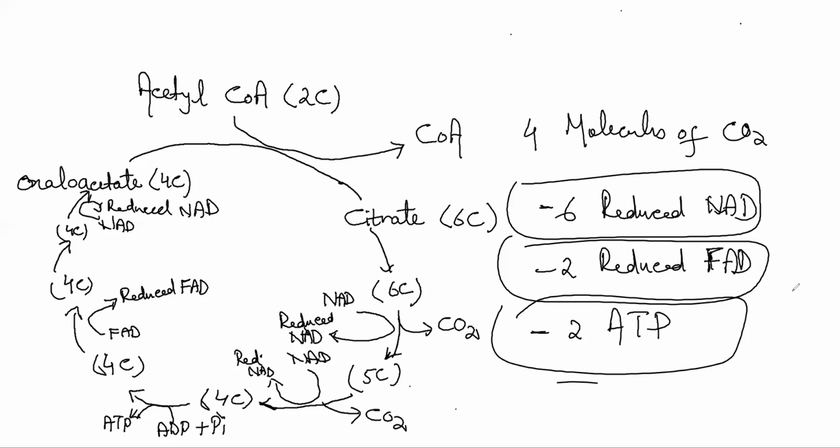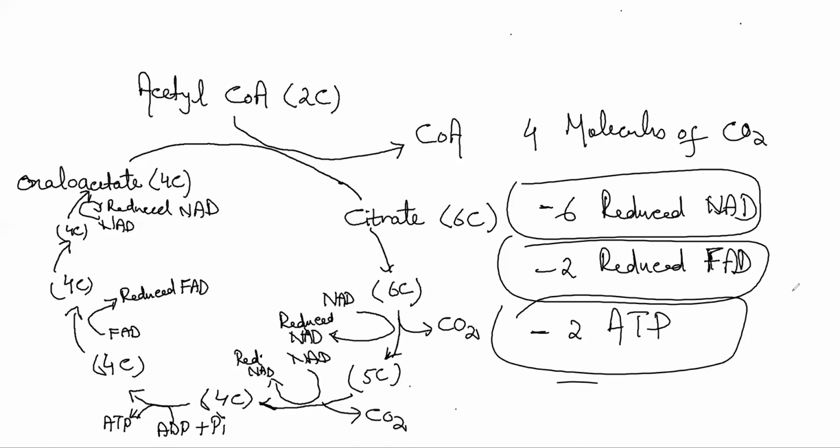I will just review the Krebs cycle once again. You can see here acetyl coenzyme A from the link reaction ultimately enters the Krebs cycle, which is the third stage of respiration. This Krebs cycle also takes place in the matrix of the mitochondria, just like the link reaction.